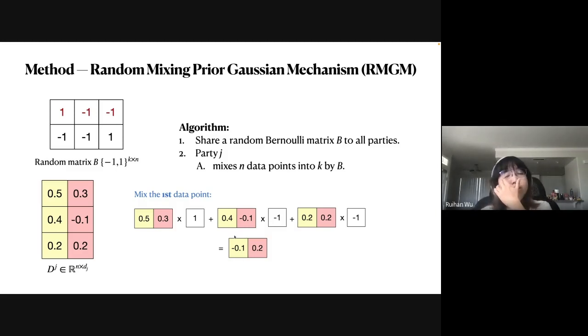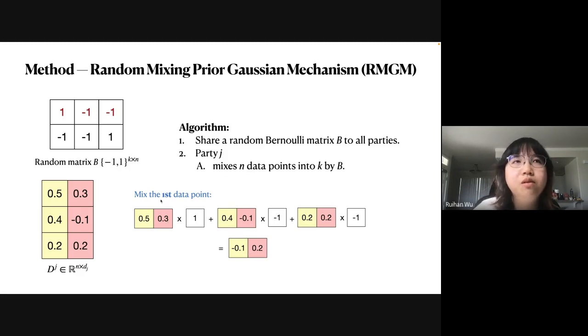We then go through the privatization algorithm at party j. The first step is mixing n data points into k data points by the Bernoulli matrix B. How do we mix these n data points? We can see an example.